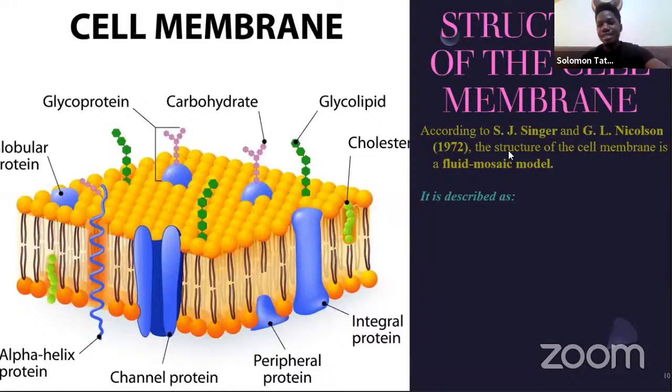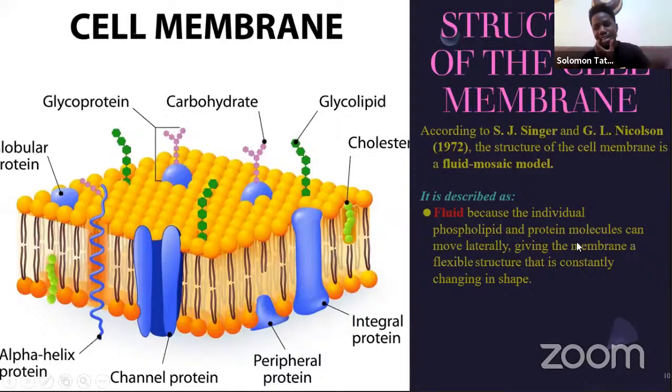According to S.J. Singer and G. Nicholson, 1972, the structure of the cell membrane is a fluid mosaic model. It is fluid because the individual phospholipid and protein molecules can move laterally, giving the membrane a flexible structure that constantly changes shape.